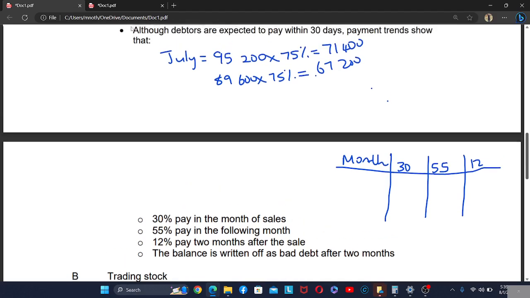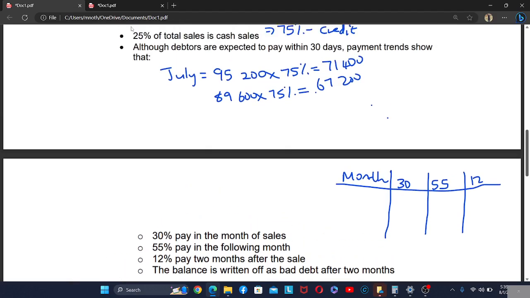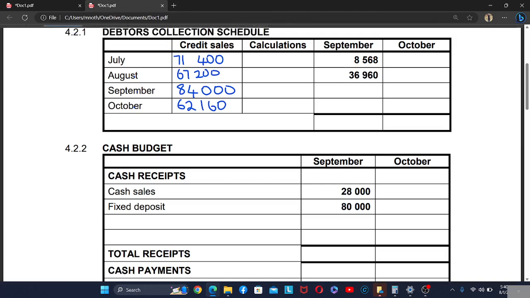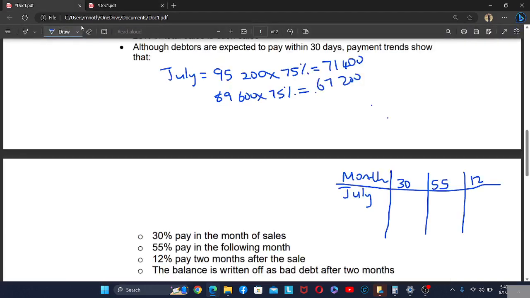Now, let's start with July. Let's say July is a month of sale. If July is a month of sale, it means that 30% will be paid in July, because they said 30% in the month of sale.